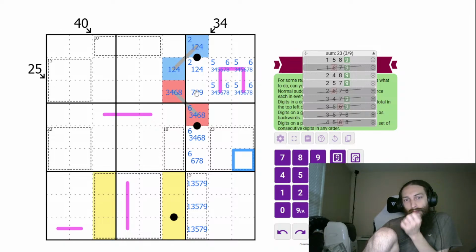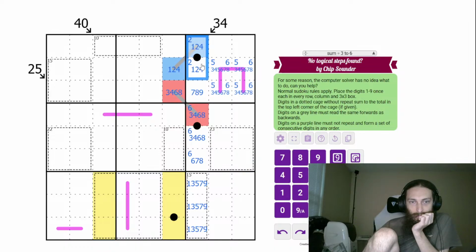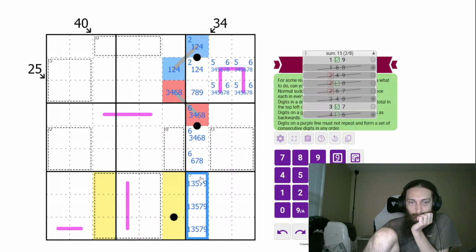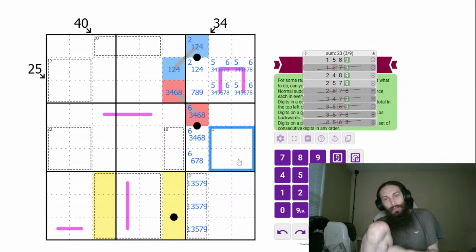Can't think of a reason why not. If this was a 7, you'd have 3, 4, 5, and 6. But that would be 1, 2, 7, 8, 3, 6, 1, 5, 9. That should work. So this would be 2, 5, and 7. Yeah, that should be fine.